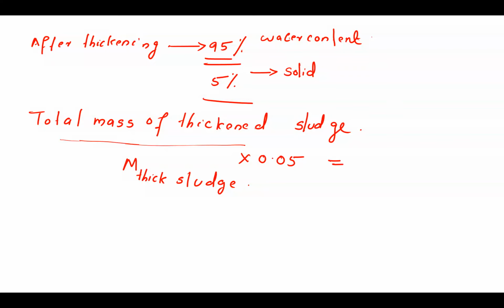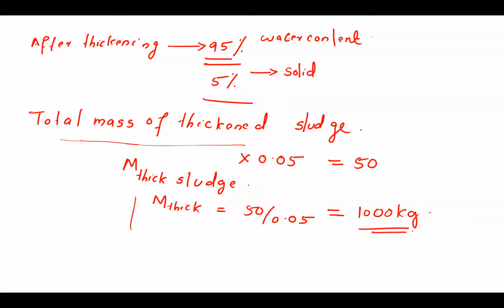What was the mass of solid? 50 kg. So now mass of the thickened sludge is equal to 50 by 0.05. What is the answer? 1000 kg. So this is the thickened sludge.